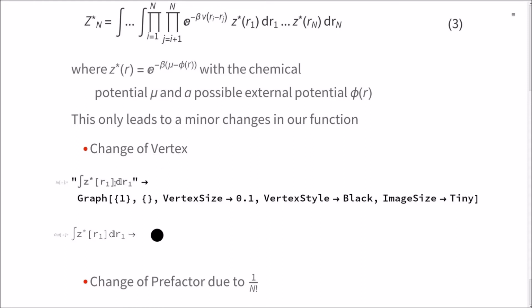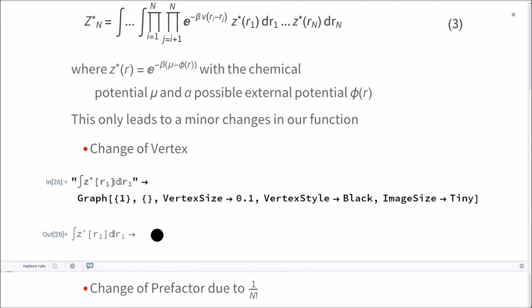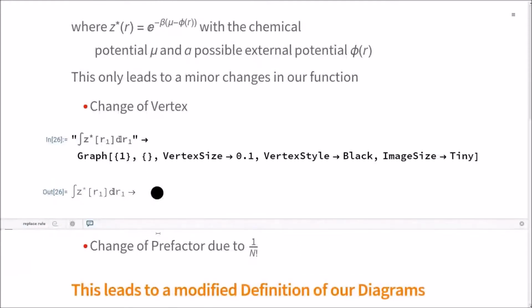We simply say, okay, the vertex, which was gray before, now has a different meaning, and we symbolize this by a different color, and we make it simply black. And the prefactor has to change because we have to divide by n factorial.